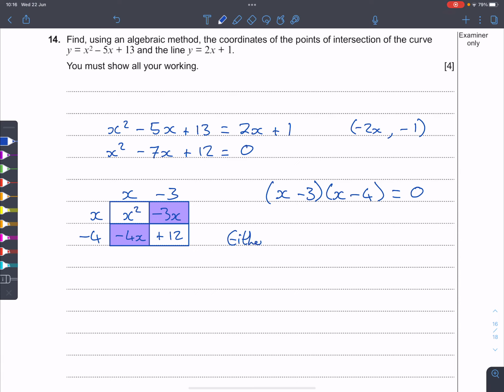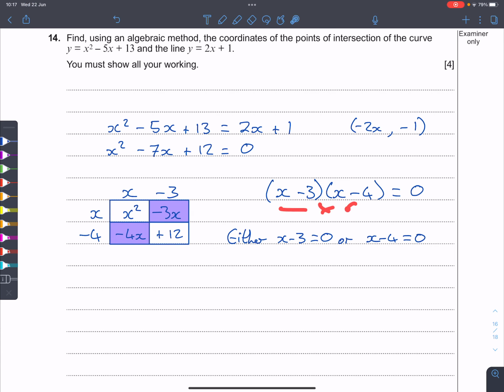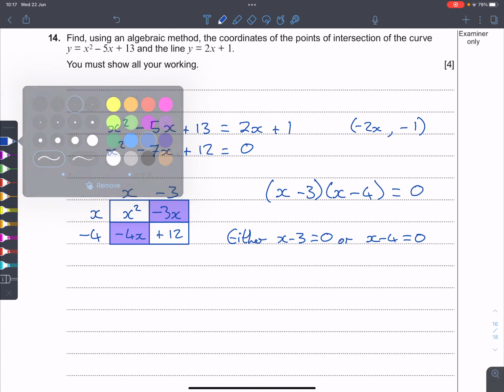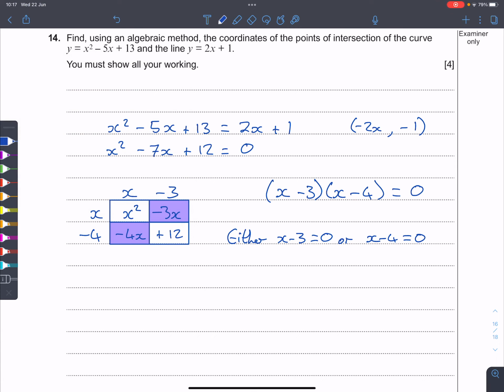So either x minus 3 is 0, or the other part of the product, x minus 4, is 0. Solving these, in the first one I add 3 to both sides to give x is 3, and in the second I add 4 to both sides to get x equals 4.